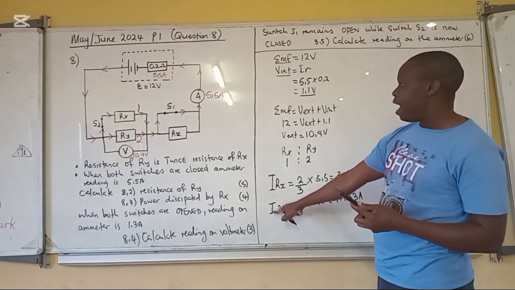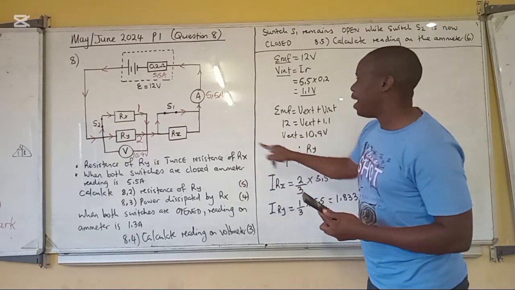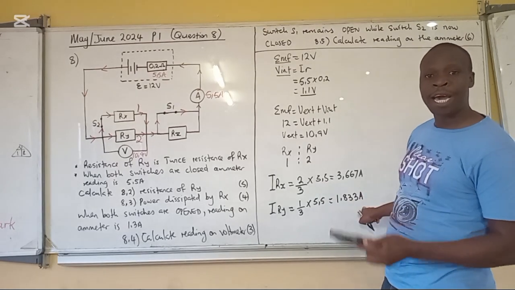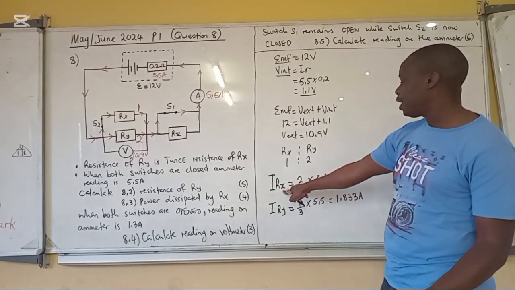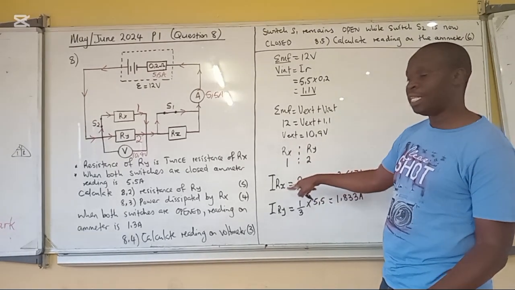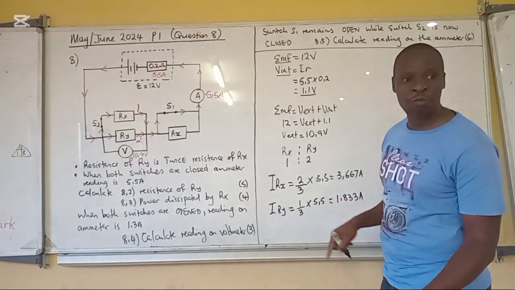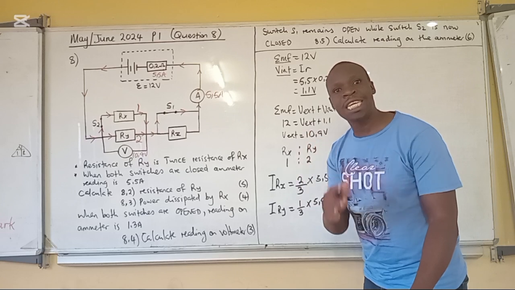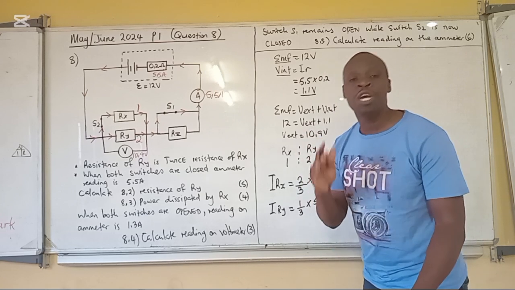So check here: Ry, with a higher resistance, has less current flowing through it. Rx, with lower resistance, has a higher amount of current flowing through it, which makes sense because current is inversely proportional to resistance.